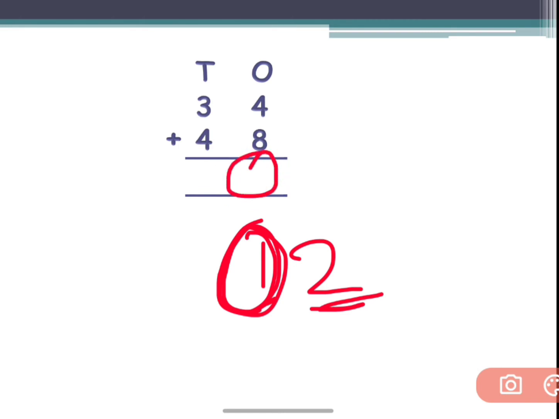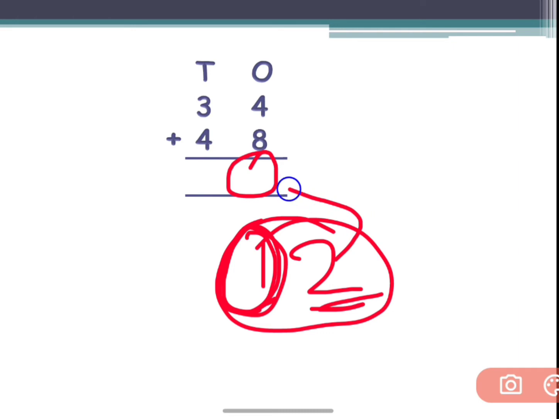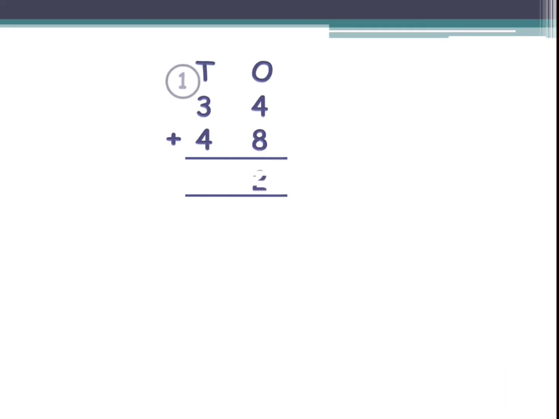But we have to write only one digit in the ones place. You can't write both together, isn't it? So you will write 2 in the ones place, and the 1, which is a ten, you will carry to the tens place. Okay, so that's what you will write down.